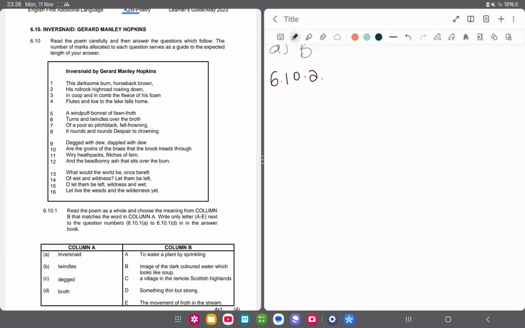As I have said earlier, this statement represents the image formed in the stream as the water is moving along. So in order to not give the literal meaning of the stream or the water, they would say a wind-puff bonnet. So they used a metaphor. The figure of speech here is a metaphor.